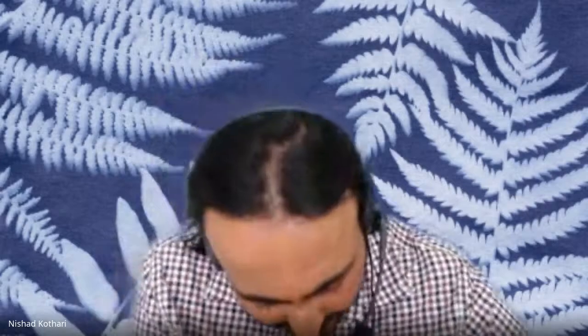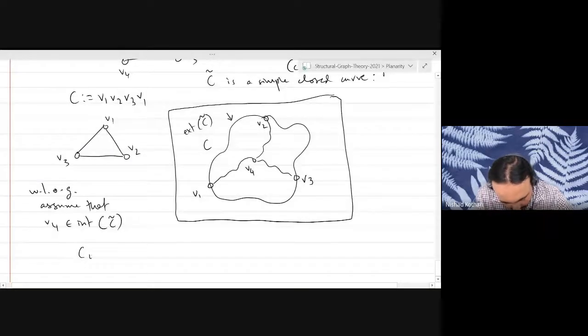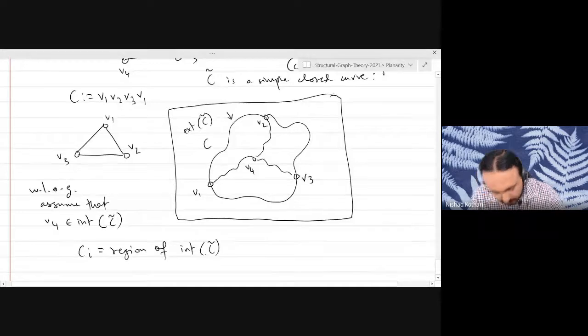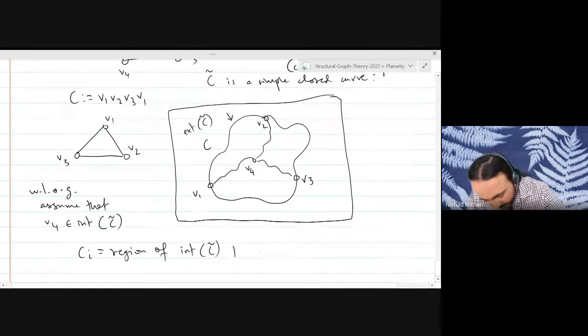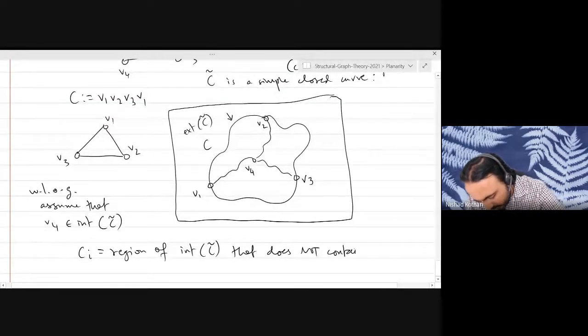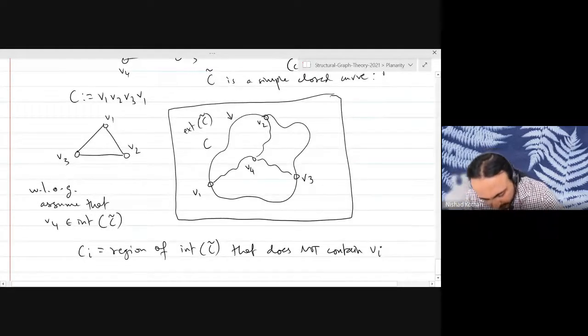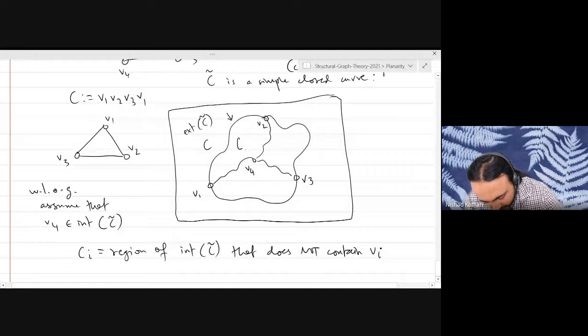So consider the cycle Ci to be the region of the interior of C tilde that does not contain the vertex Vi. What do I mean? This is V3, so I will call this C3.